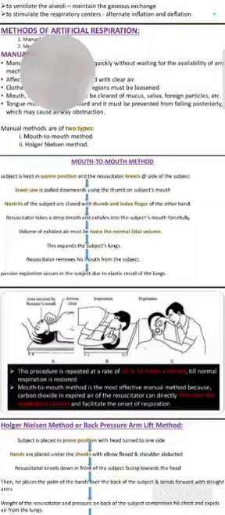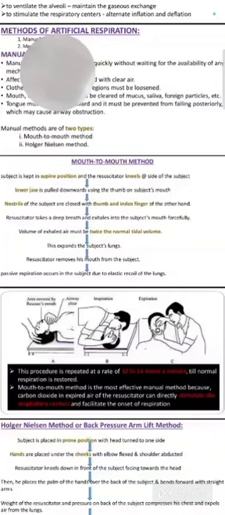Now, using the thumb and the index finger, close the nostrils of the subject. The resuscitator should take a deep breath before exhaling into the patient, and the volume of exhaled air must be around twice the amount of normal tidal volume.